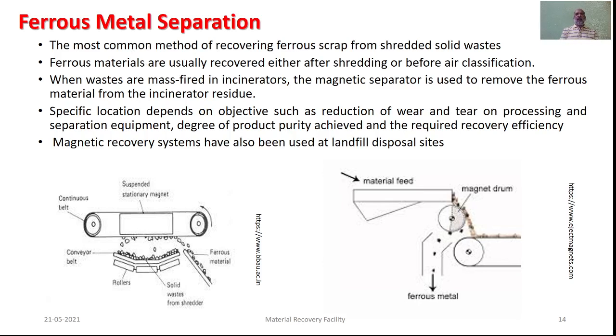Usually, this kind of separation is expected to occur before going for air classification. Also, when wastes are mass fired in furnaces and incinerators, the magnetic separator is used to remove the ferrous material from the incinerator ash. The specific location depends on the objective.